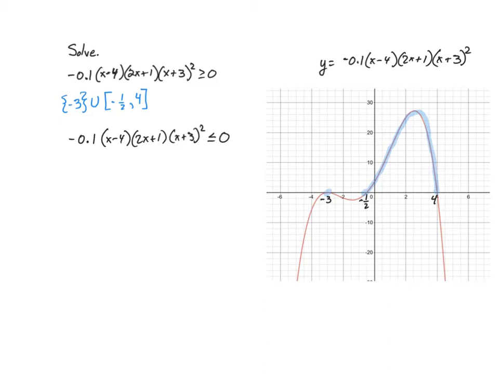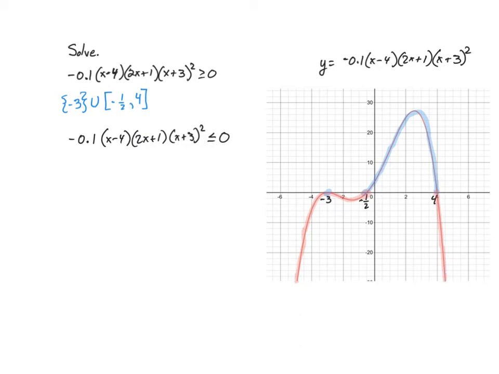So we're looking to see where the graph is below the x-axis or on the x-axis. So that means we have values starting down here. Let's see, at -3 it equals 0. Notice we do want it to equal 0. We're going to include that, and we'll include this point right here at -1/2. And then let's see, it goes negative again to the right of 4.